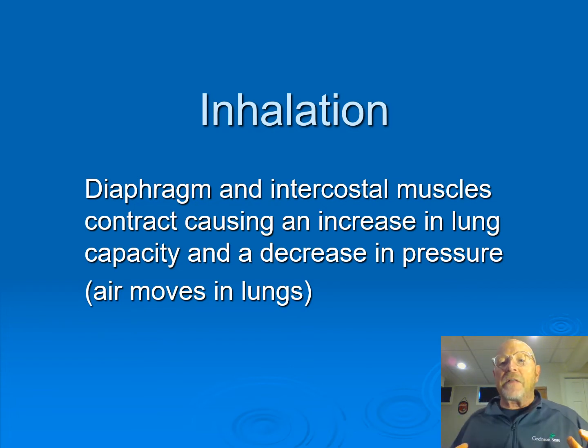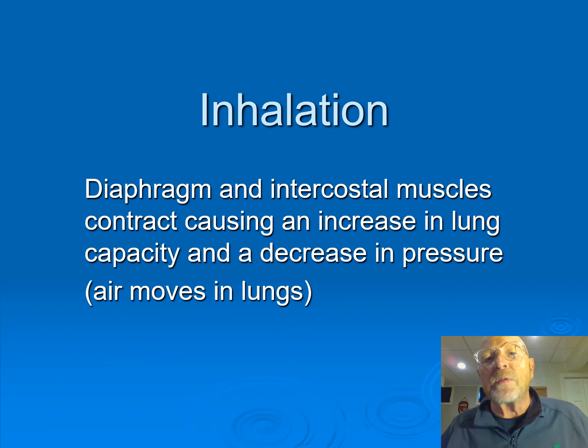Let's think of how this happens. So at rest, our thoracic cavity has a certain amount of pressure. What do I mean at rest? So inhalation, exhalation, rest. At rest, the pressure that is in my thoracic cavity is actually equal to the atmospheric pressure. So there's no movement of air.